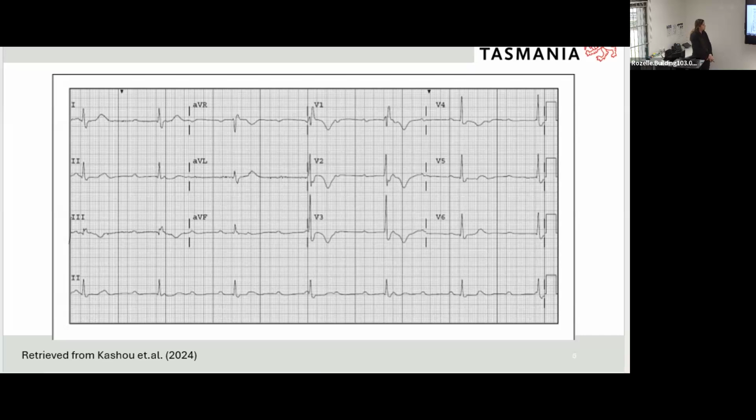Inverted in V1 to 4. Anywhere else that we're seeing them a bit abnormal? Lead 3, yeah, absolutely, Zoe. So we have T wave inversion in lead 3 and V1 to V4. And we have an irregular pattern for our T wave as well in lead 2, which is very suspicious.